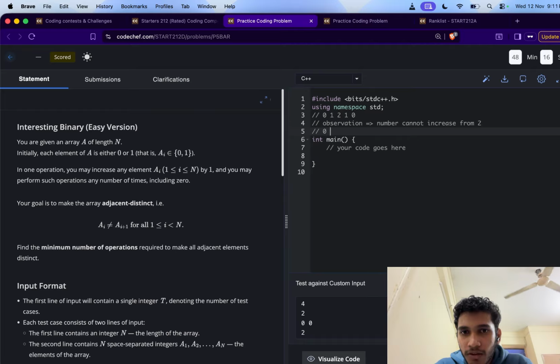Let's say we had 1 sandwiched between two ones. Then what do we do? Just increase this 1 to 2. And it's guaranteed that none of its neighbors was initially 2, because it was initially 0 or 1. So the adjacent elements of these indexes have become unique. Did we understand?